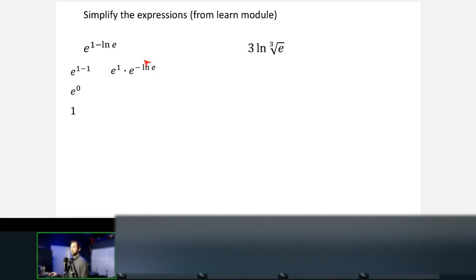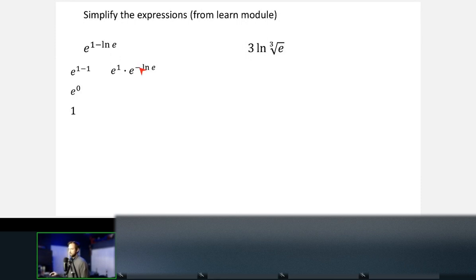But here's the problem. Now we have a negative. When you have a negative, you don't want to put it into the exponent. It creates problems and just makes the problem a lot harder. You're making things worse for yourself.